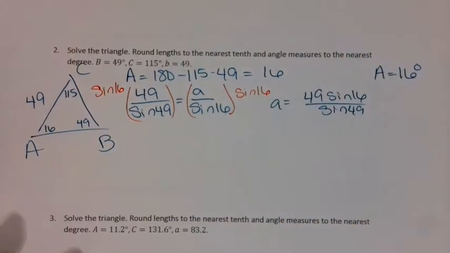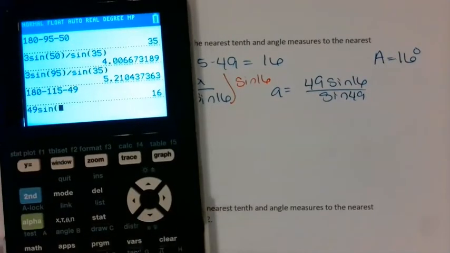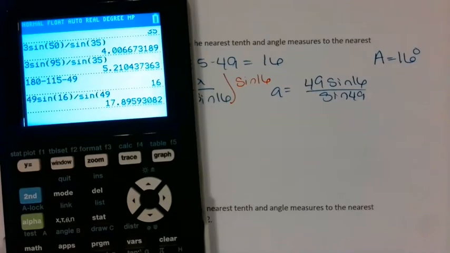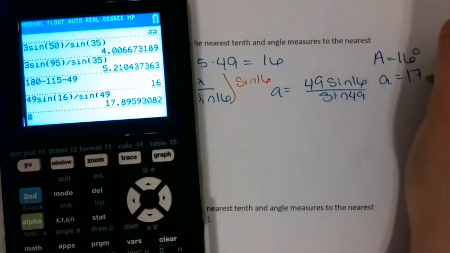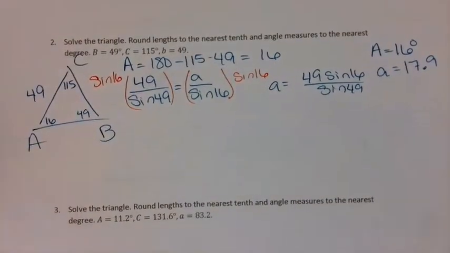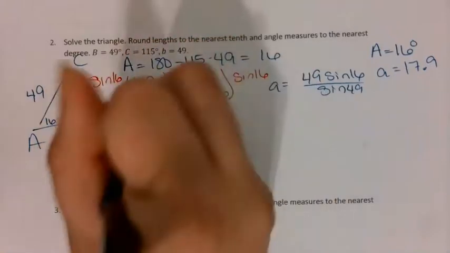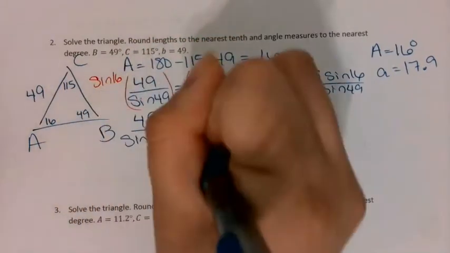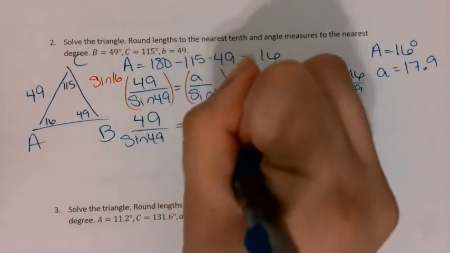I want to type that in. And this gives me 17.89, so 17.9 if I'm rounding to 1 decimal place. I'm going to go ahead and do the same thing with the C side length. I have 49 over sine 49 equals C over sine 115.